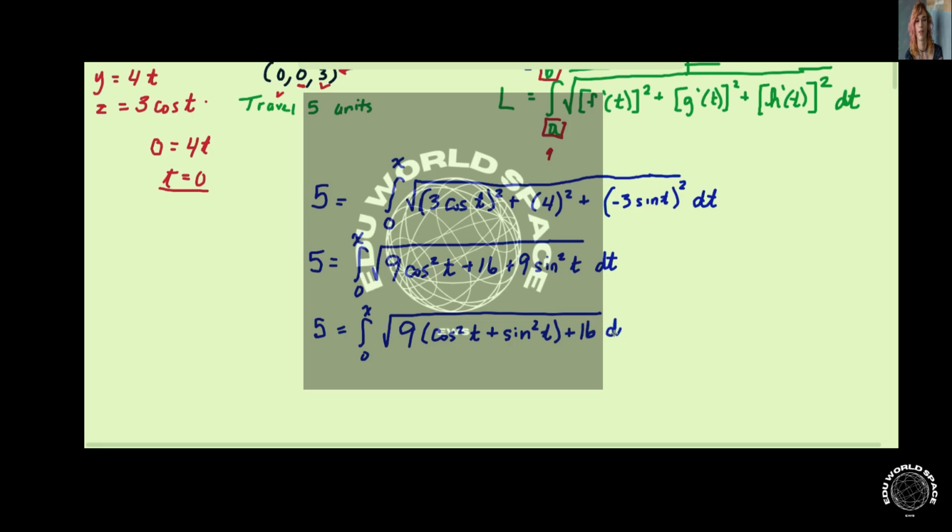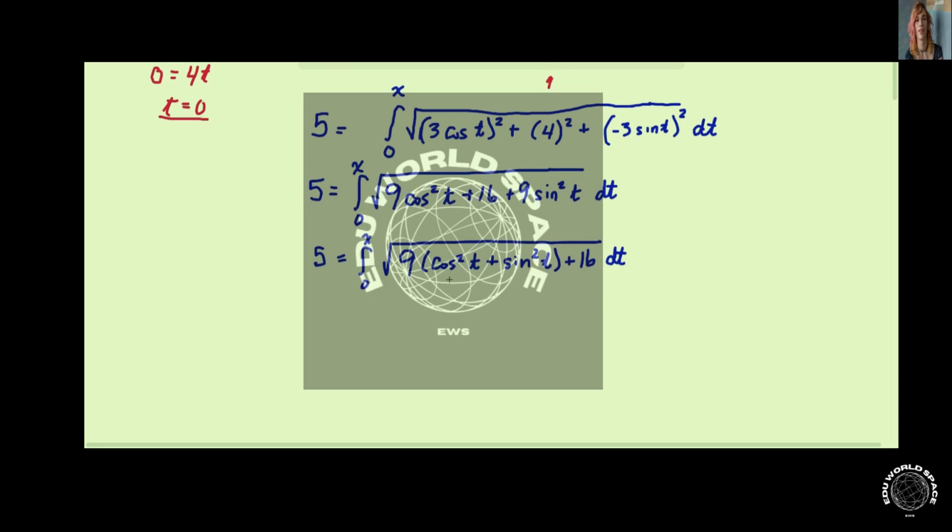Because I know from my Pythagorean identity that cosine squared t plus sine squared t is equal to 1. So this is just equal to the square root of 9 times 1 plus 16, which is equal to the square root of 25, which is equal to 5.